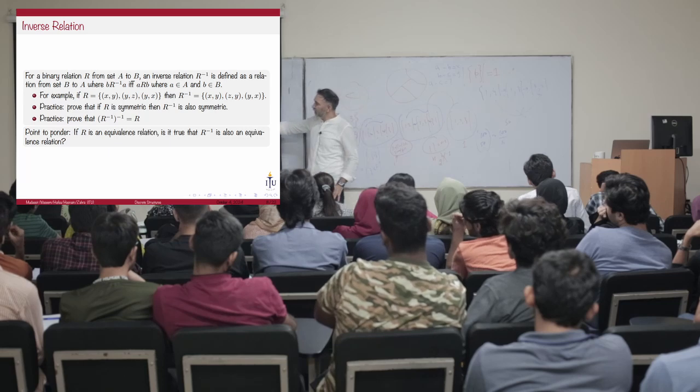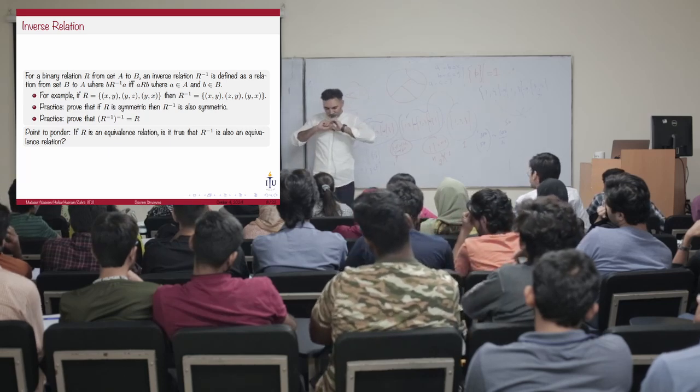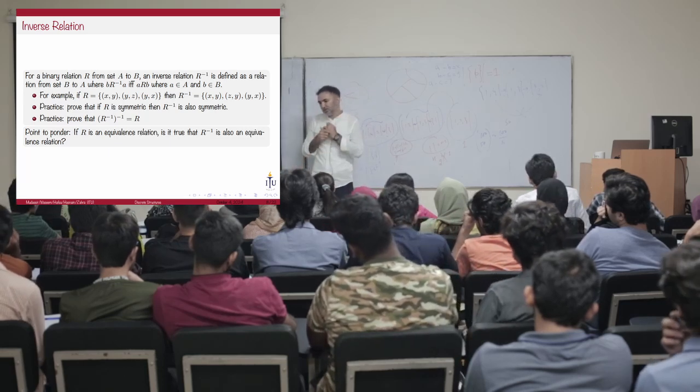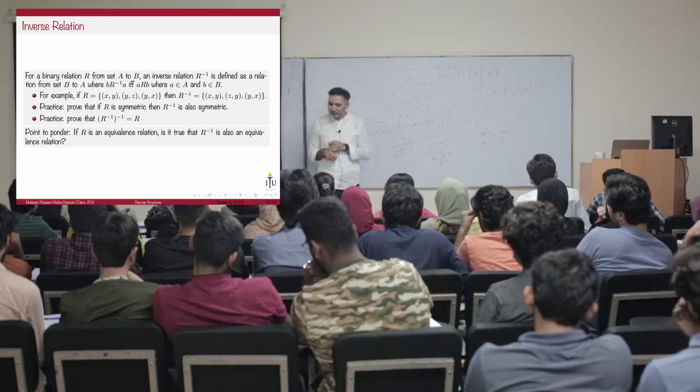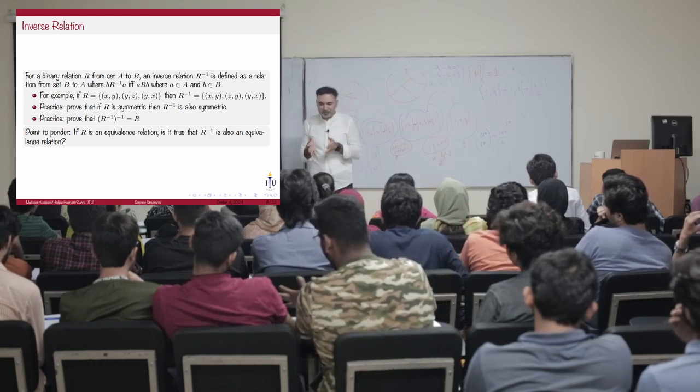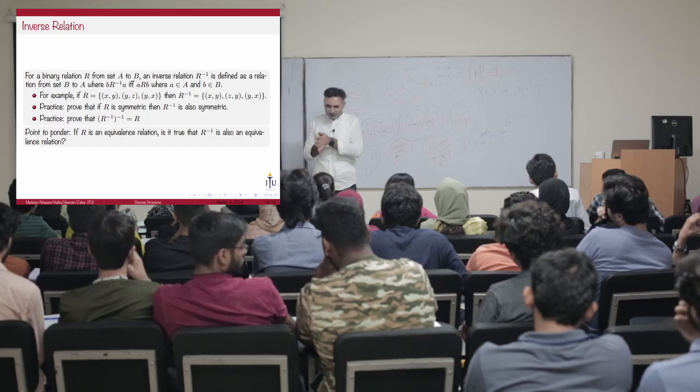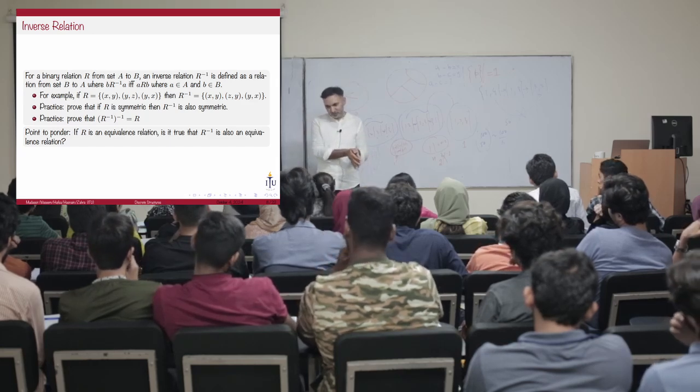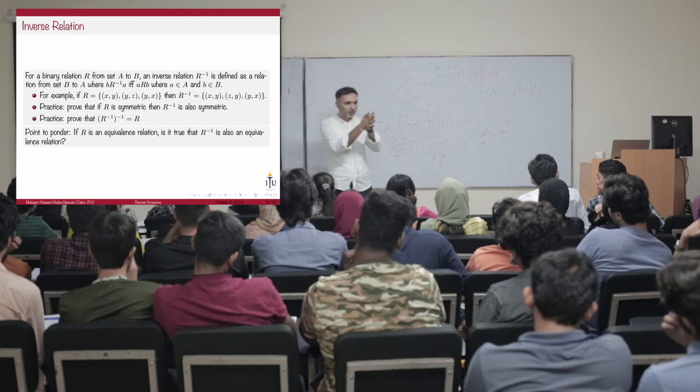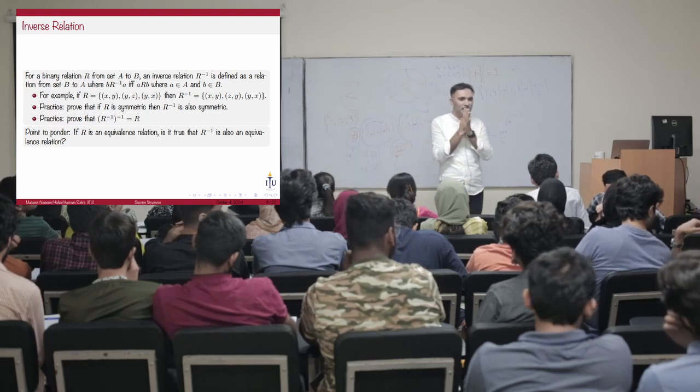So again, R के बारे में आप कुछ assume नहीं कर सकते. R के बारे में आप सिर्फ ये assume कर सकते हैं कि R is an equivalence relation, which means that it's reflexive, it's symmetric, and it's transitive. Okay? You want to talk? Yeah.